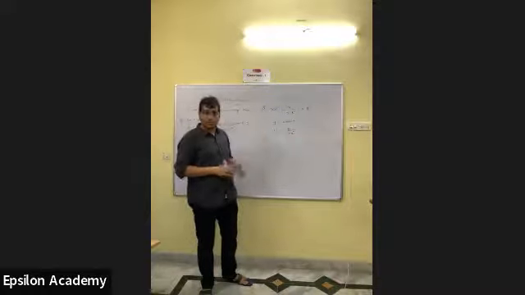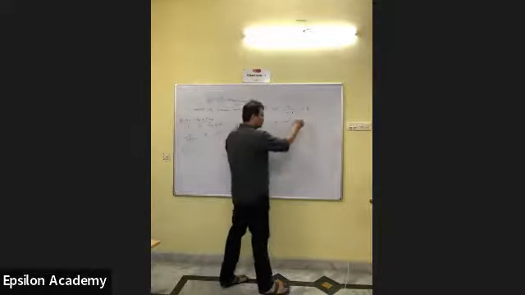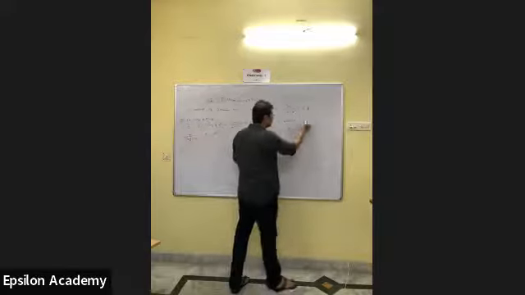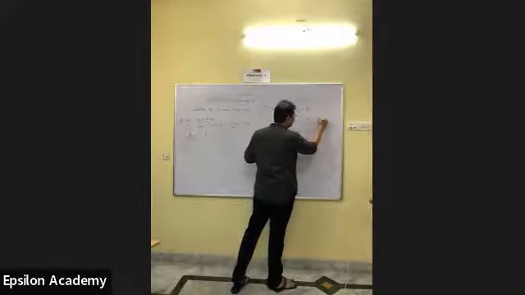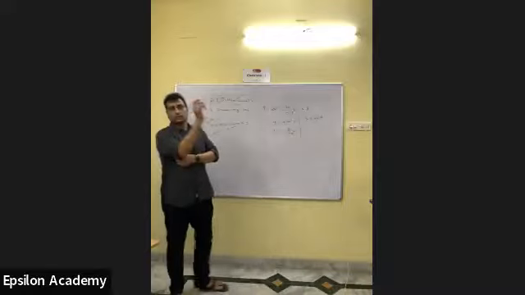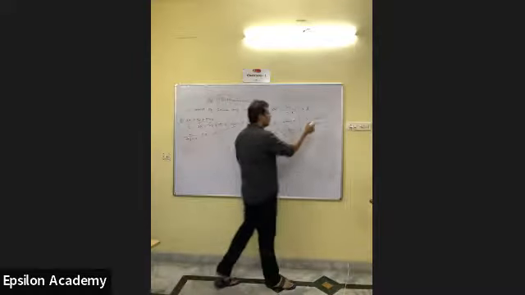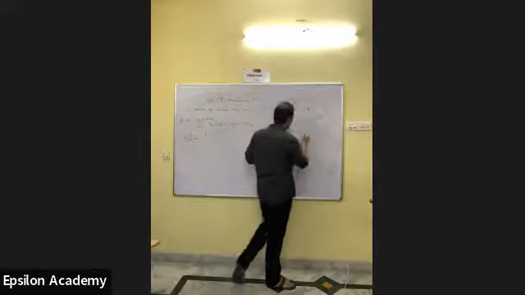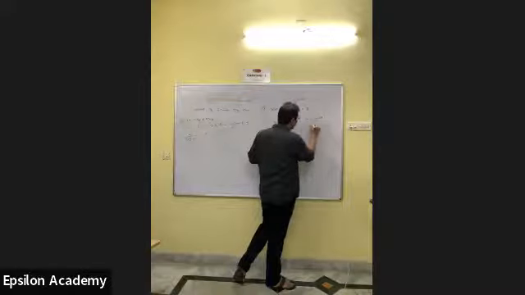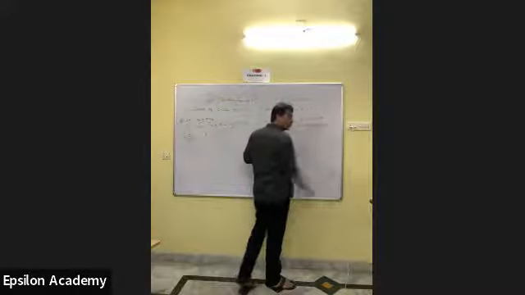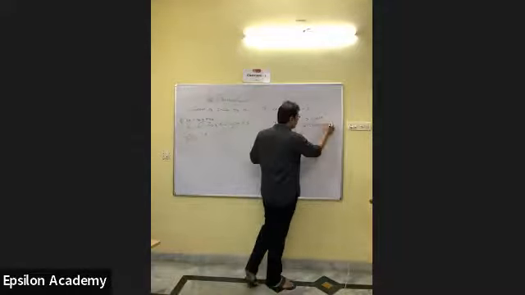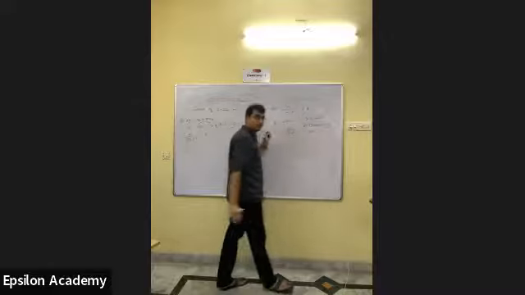Suppose you didn't get this idea, what will you do? Then I will substitute x is equal to tan theta. If I substitute tan theta here, what am I going to get? sin inverse of sin 2 theta is equal to y. Correct? Then 2 theta will be equal to y.